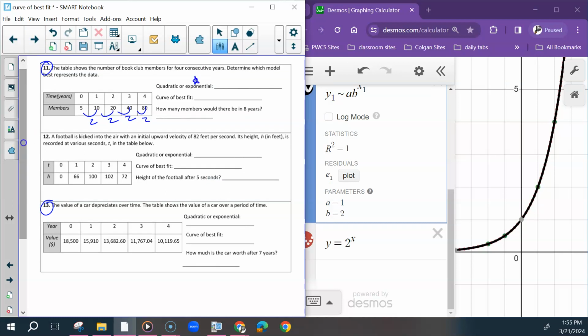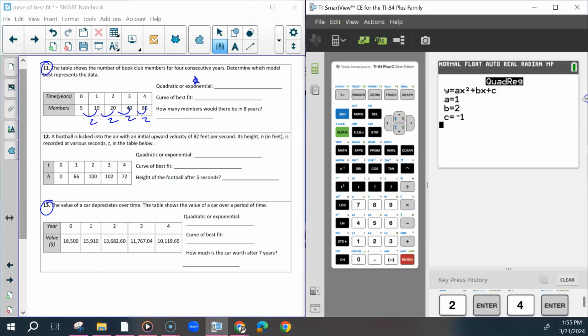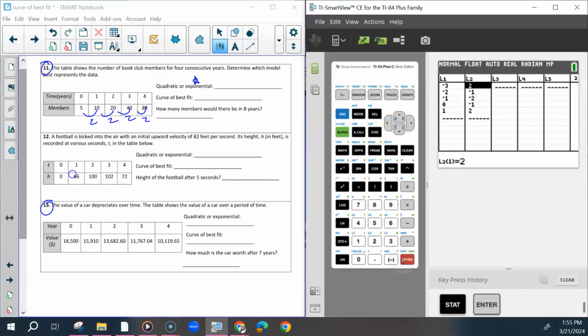There we go. So I'm going to use the calculator for this one and then Desmos for the last one. I'm going to go into stat, go into edit, clear out my lists, and then go ahead and put in my values, 0, 1, 2, 3, 4, and 5, 10, 20, 40, 80.